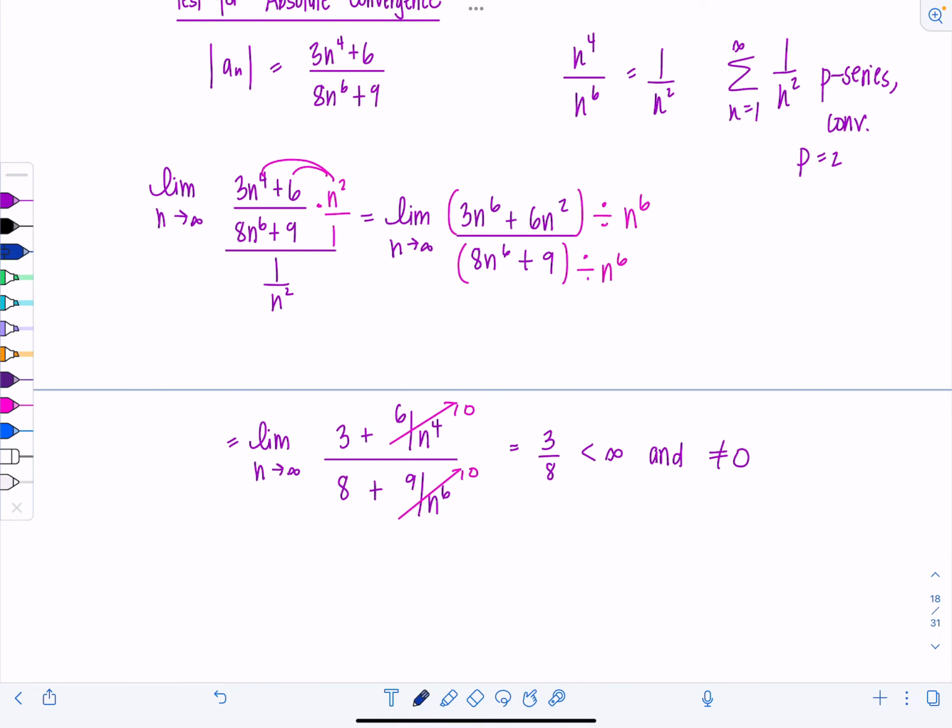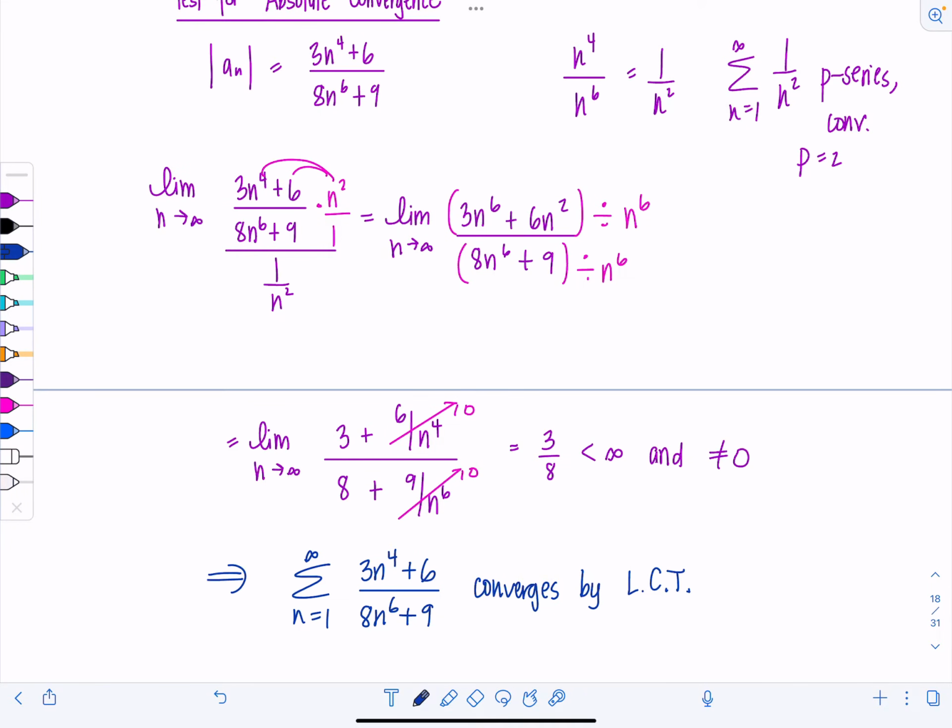Fabulous. So that tells me the sum, n equals 1 to infinity, of the absolute value of a_n, which is (3n^4 + 6)/(8n^6 + 9), converges by, tell the people what test you used, limit comparison test.